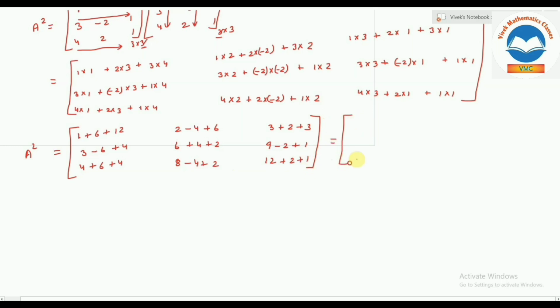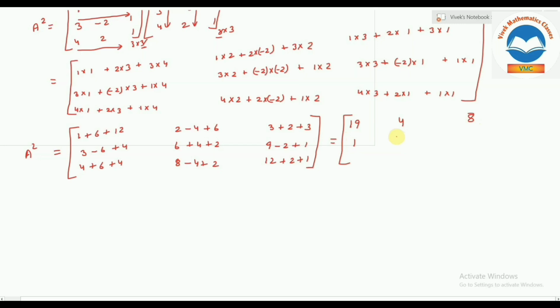We will simplify again to find A square. So this will be 6 plus 1, 7 plus 12 will be 19. Here what you will get? 2 plus 6 will be 8, minus 4 will be 4. Here you will get 3 plus 3, 6 plus 2, 8. Next 3 plus 4 will be 7, 7 minus 6 will be 1.